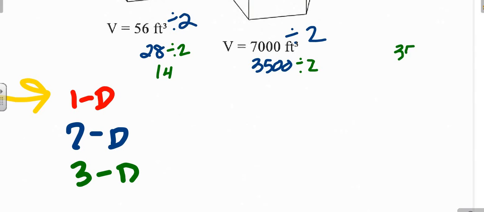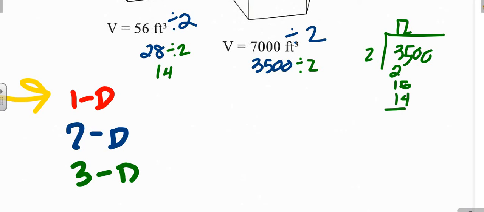And we did 3500 divided by 2, and that is 1750, green to green. And now we're going to divide by 2 again, and we get 7 here.